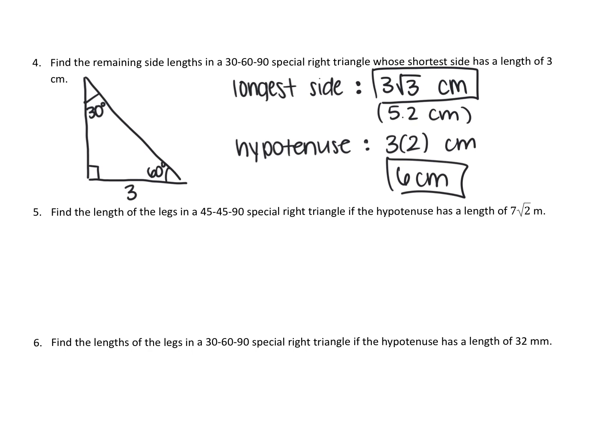Right. Next, we want to find the length of the legs in our 45, 45, 90 special right triangle if the hypotenuse has a length of 7 square root 2 meters. So the nice thing about leaving our hypotenuse in terms of our square root is that it makes the solving for x a whole lot easier.